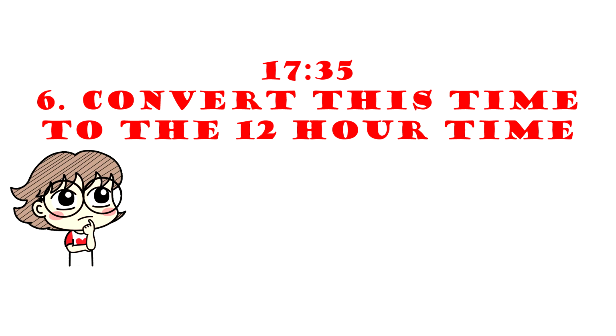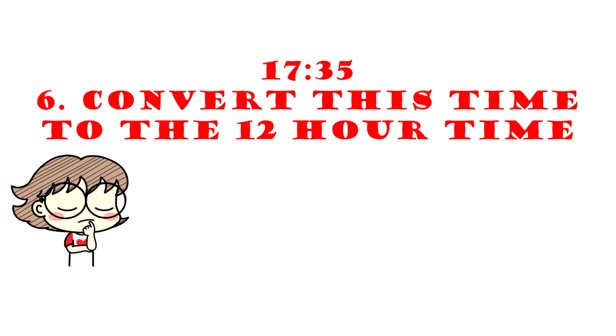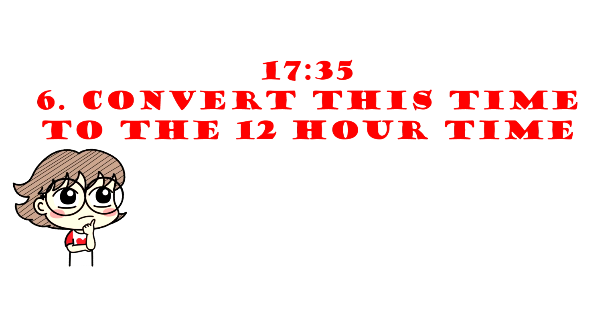Okay, next question. 17:35. Convert this time to the 12-hour time. So we're converting the 24-hour time to the 12-hour time. So remember what's the rule and figure out the question.